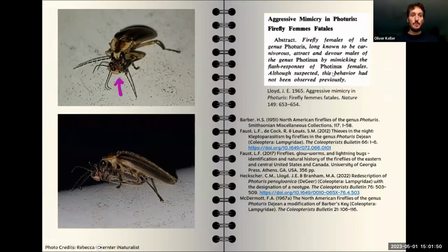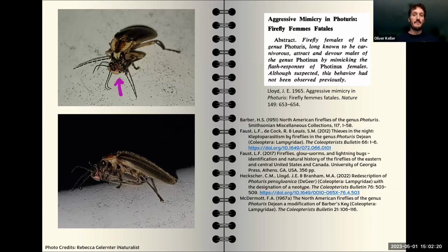They do this to get some of the defensive chemicals of Photinus, to then give that to their eggs when they lay them, so the eggs are chemically defended. And Jim Lloyd was the one that observed this in nature and published on it in maybe his most famous paper in Nature, Aggressive Mimicry in Photuris.